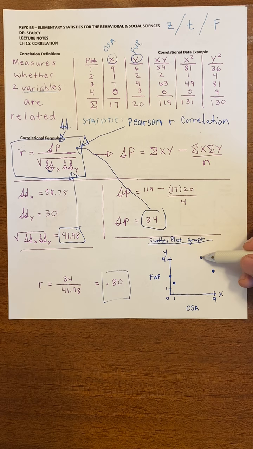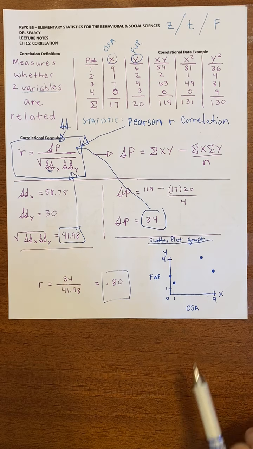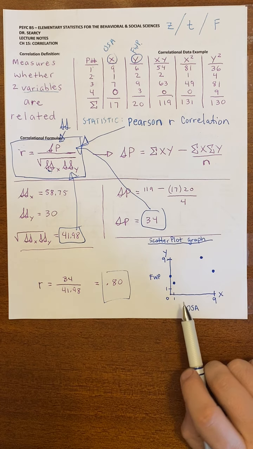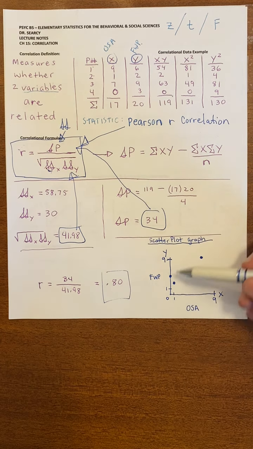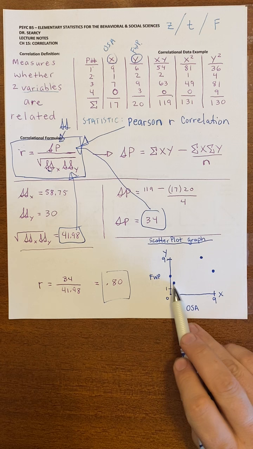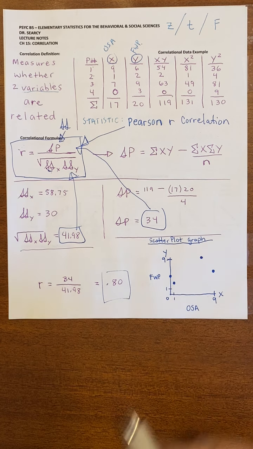So a 7 here and a 9 there. Same kind of thing here. A 9 here and a 6 there. Conversely, if a participant was low on one of the axes, they also were low on the other axis as well, right? A 1 versus a 2, a 0 versus a 3.